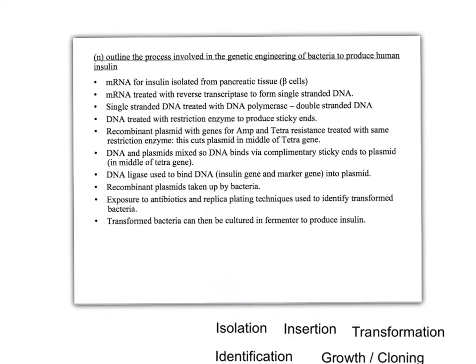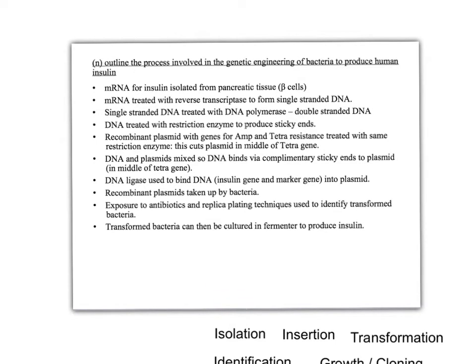Going back to the slide, it summarises all that. You've got a hard copy of this slide. So the mRNA, for instance, isolated from pancreatic tissue, B cells, is treated with reverse transcriptase, which forms single-stranded DNA, and then that single-stranded DNA is treated with DNA polymerase, which forms double-stranded DNA.